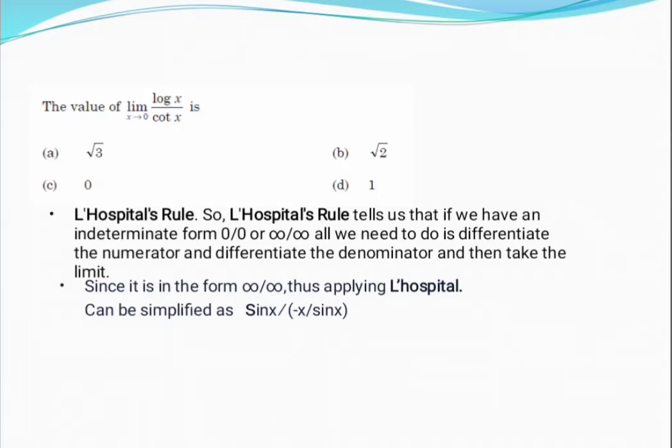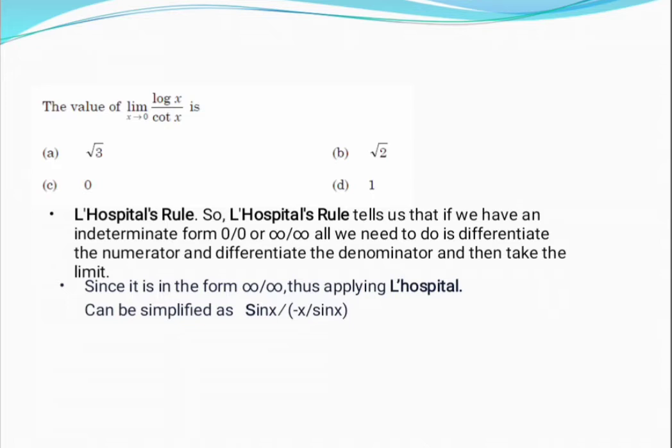In the first question, we need to evaluate the value of the limit as x tends to 0 of log x to the cot x. Here we will use L'Hospital's rule.